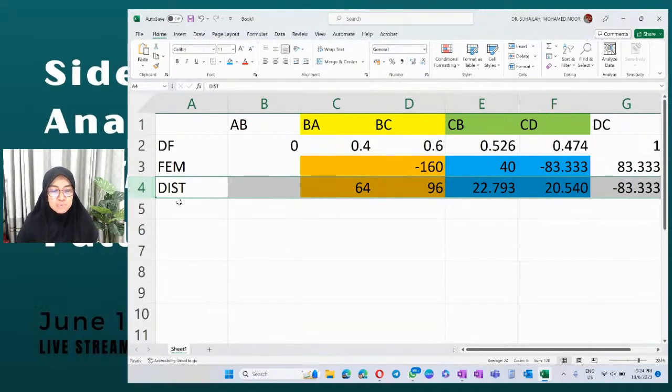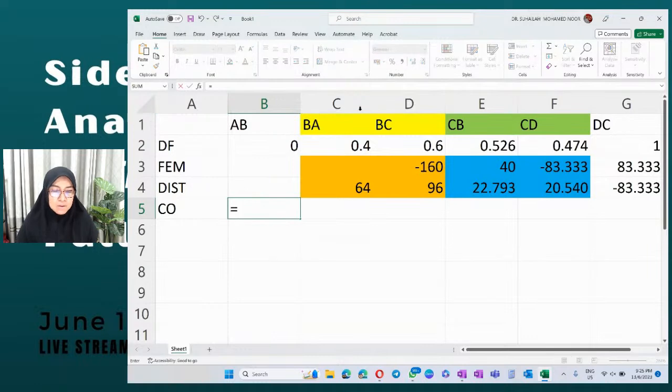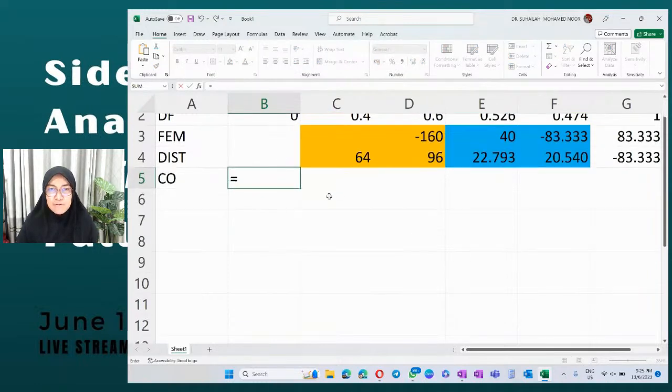Next is carry over. For carry over, we have to cross the boundary. The factor is 0.5 and fixed.